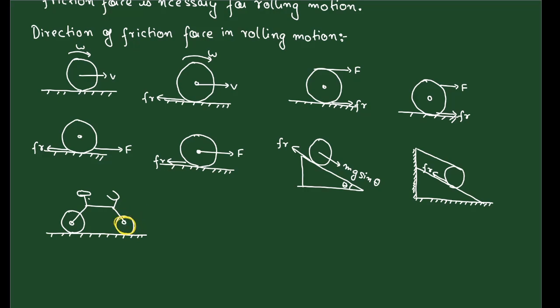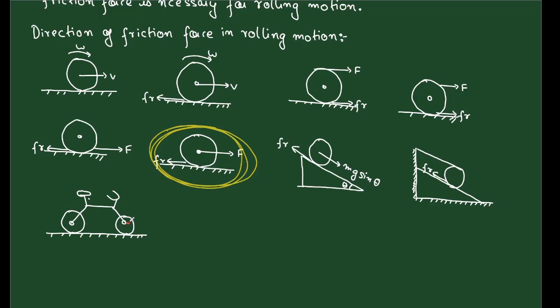When this cycle goes forward, there is no pedal power given to this wheel. So this wheel will only go forward because the spoke is connected at the center of the wheel, and this spoke will push the wheel in forward direction. So this would be the case of this problem. Understood?